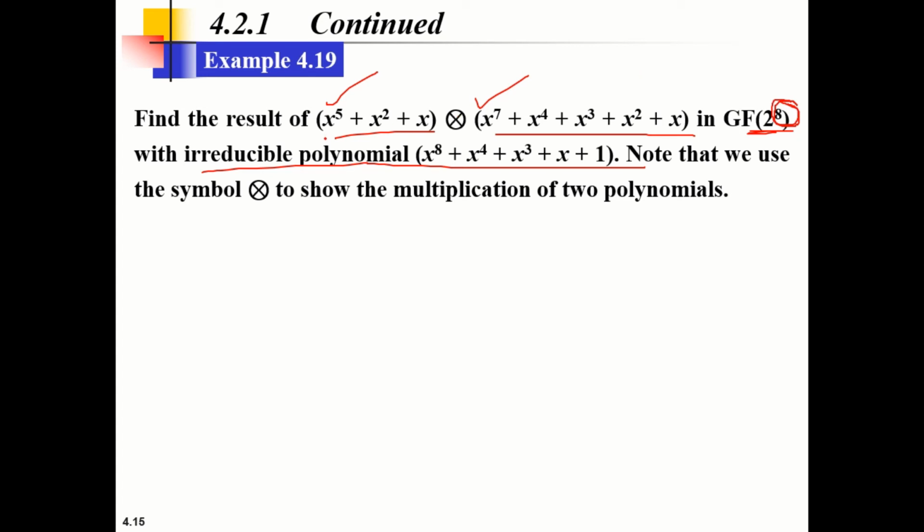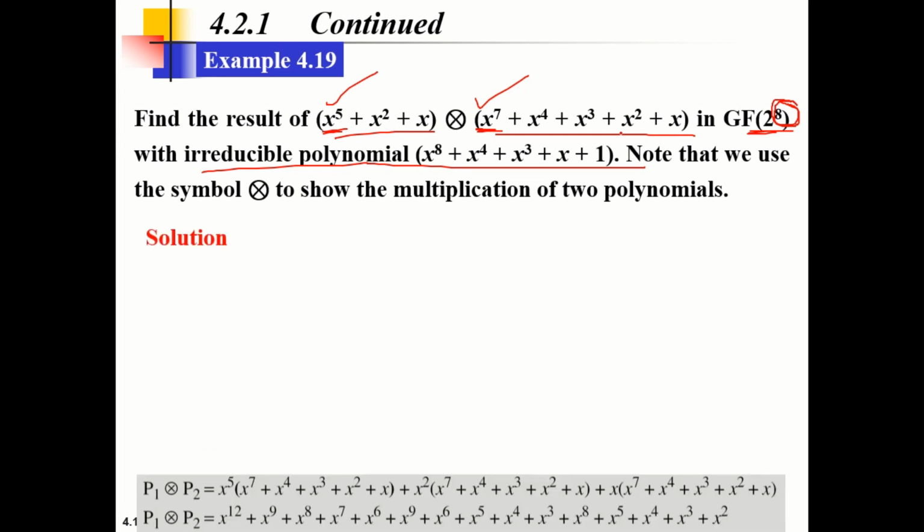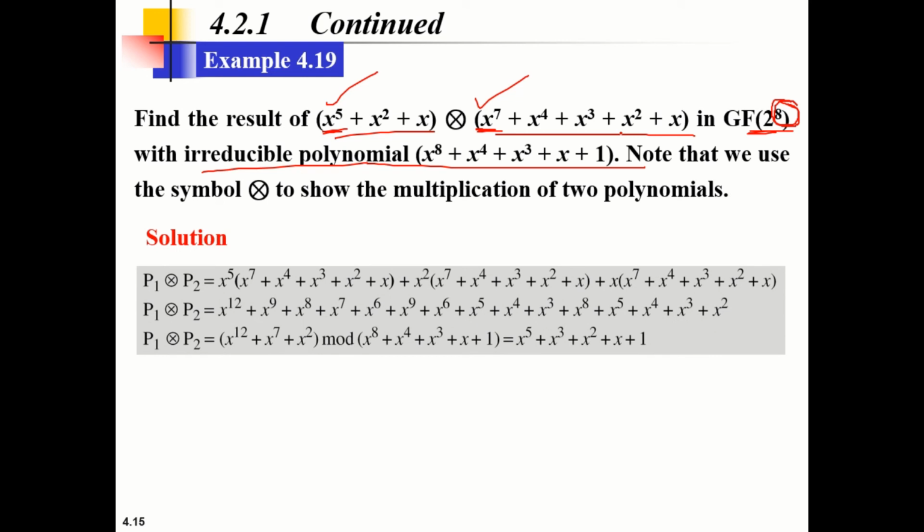So in this case you can see this x raised to 5, when you multiply it with x raised to 7, the result will be x raised to 12. So we'll have to bring it, not to x raised to 8, but up to x raised to 7, because we take it up to n minus 1 only.